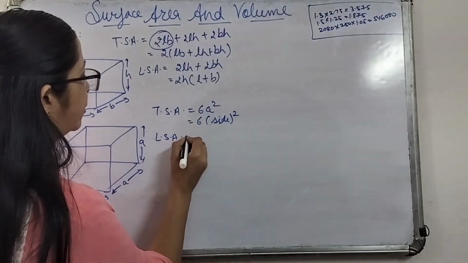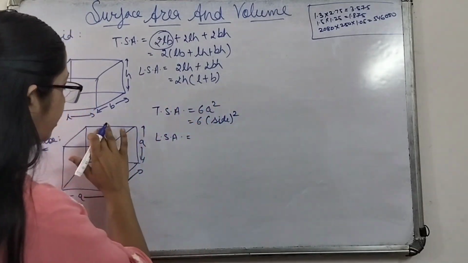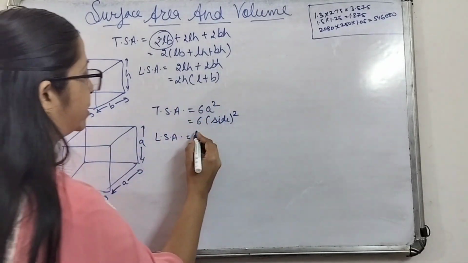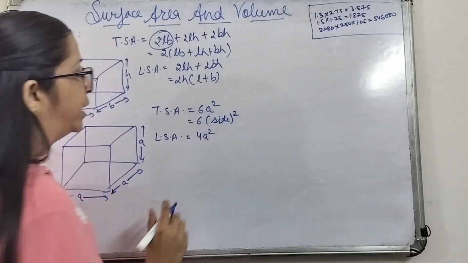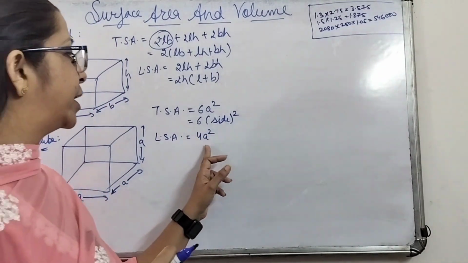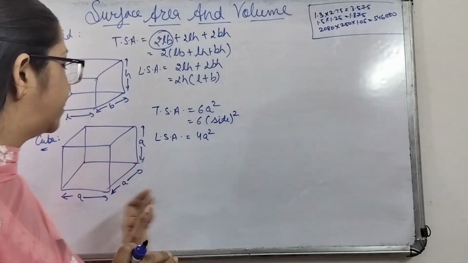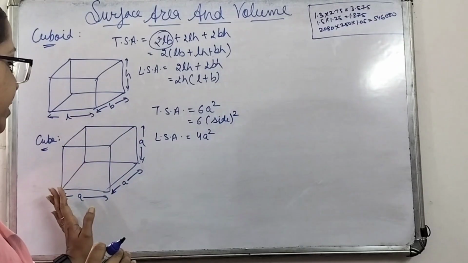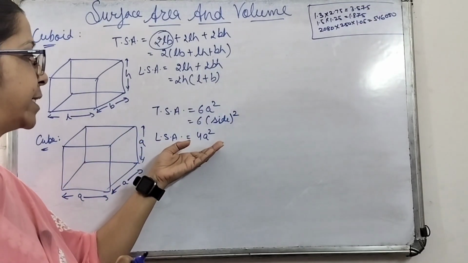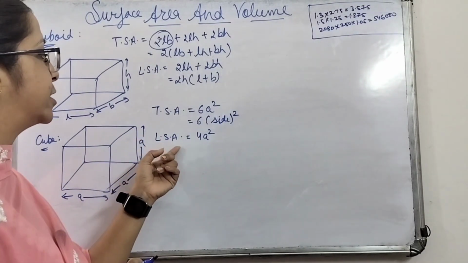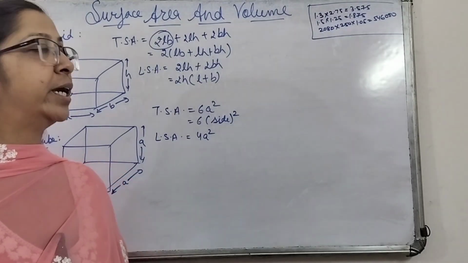We are not taking 2 faces, we are only taking 4 faces. So it will be 4 multiplied by A square, where A is the side of the cube. In that case, the lateral surface area will be 4A square.